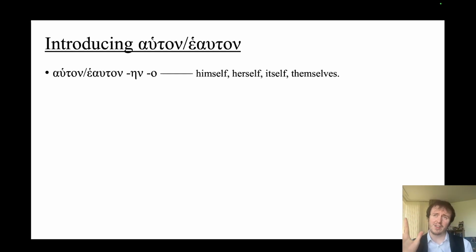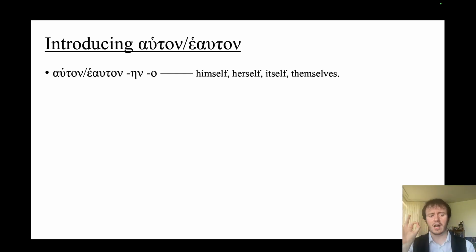And yes, in terms of you translate it in the same way, but this word means himself, herself, itself, or themselves in a different sense. When αὐτός means that, it's emphatic. It's being used to mean, for example, I saw the queen herself. Meaning I didn't just see a servant, I saw the queen herself.